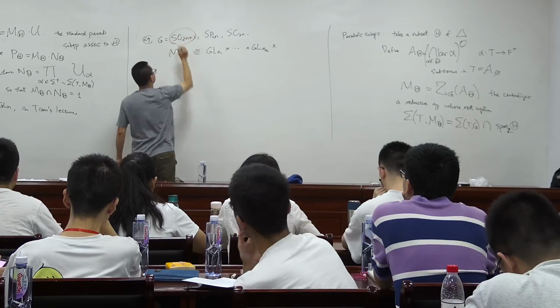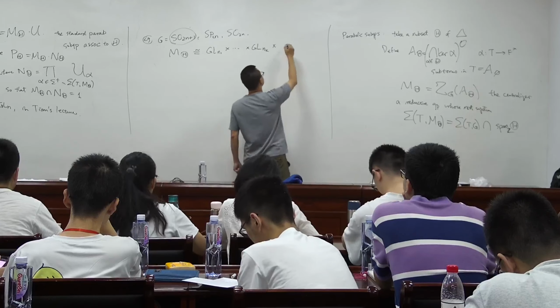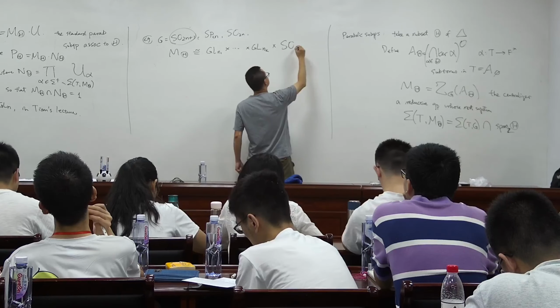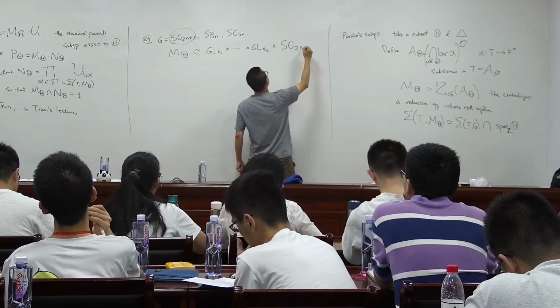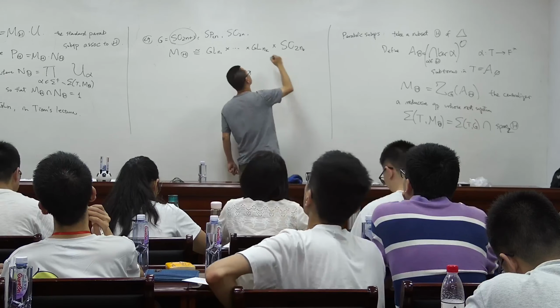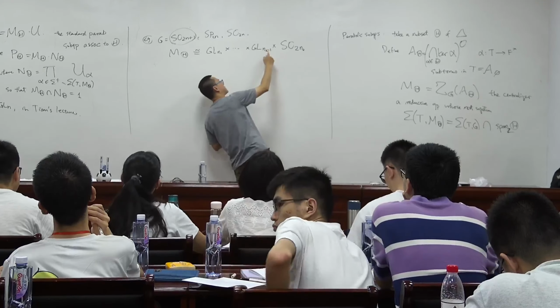Say if I look at orthogonal group or special orthogonal group, then this M theta looks like this, and maybe I make this index K minus 1.